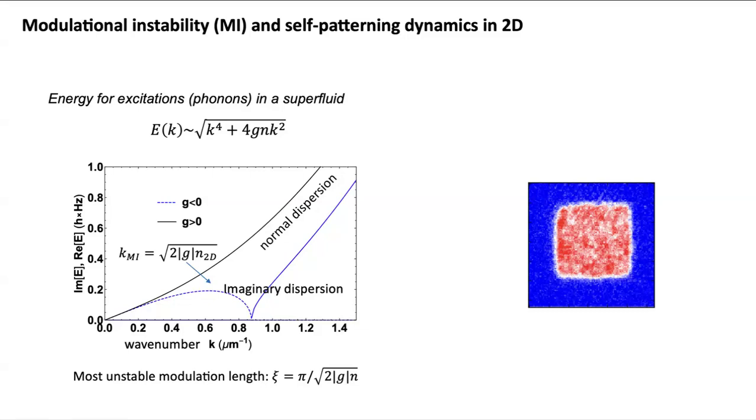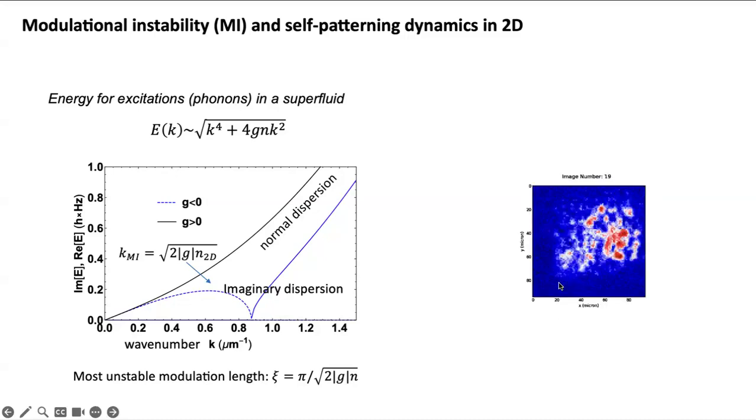The one that has the largest growth rate will have the largest imaginary dispersion, which corresponds to the square root of 2ng. A length scale related to the inverse of this, we call the most unstable length or the healing length. If we initially prepare a superfluid sample like this and then quench the atomic interaction to attractive, you start to see a lot of density waves in the gas.